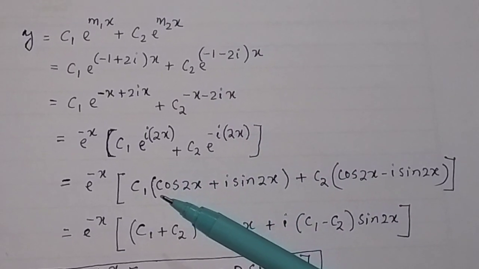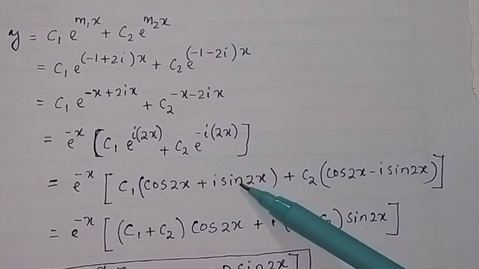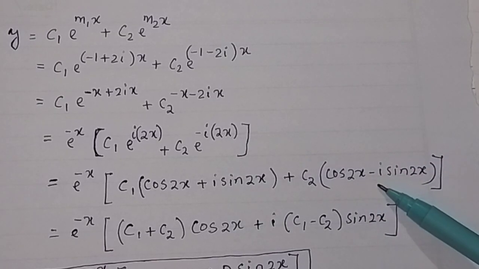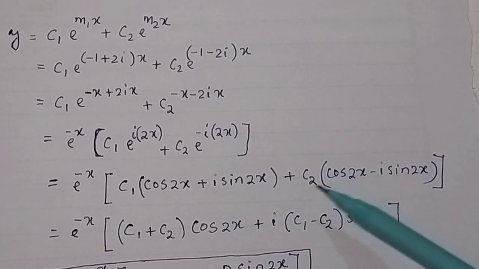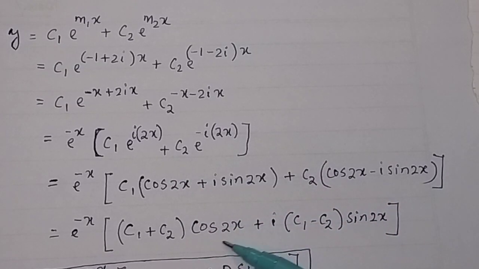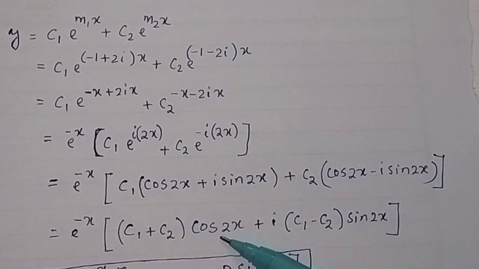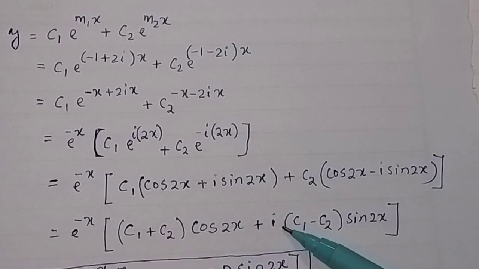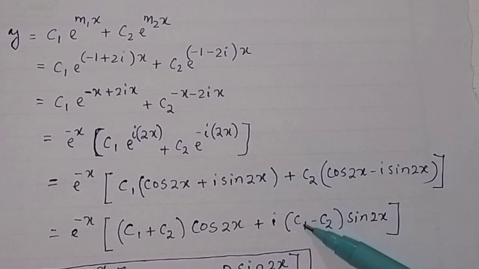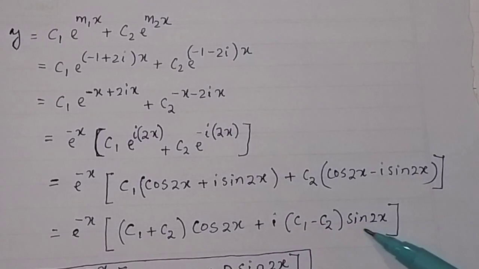As you know, e to the power i2x is cos 2x plus i sin 2x, and e to the power minus i2x is cos 2x minus i sin 2x. Taking cos 2x common, you have c1 plus c2 into cos 2x, and taking sin 2x common, you have i into c1 minus c2 into sin 2x.